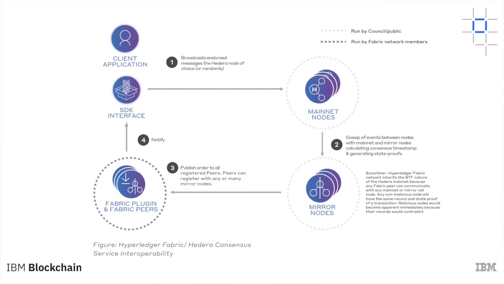Then, this published order will go back to the registered peers in Fabric, and the peers can register with one or many of these mirror nodes and then notify the client of the fair consensus order. So again, without owning your own components or recruiting companies to run the components, you can get this Byzantine fault tolerant consensus service from Hedera to help you order your transactions.